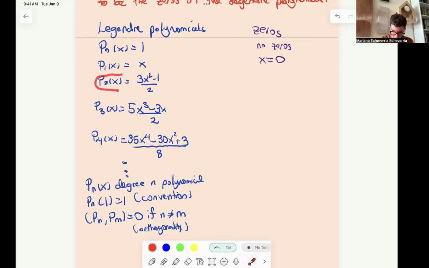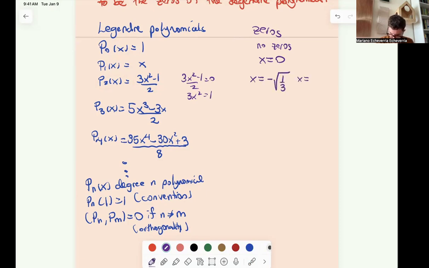How about this one? Let's work it out quickly: when is (3x squared minus 1) over 2 equal to 0? You can get rid of the 2 and then you get 3x squared equals 1, right? And then you solve for x. And so you would find here that the zeros are x equals minus root of 1 over 3 and x equals root of 1 over 3.